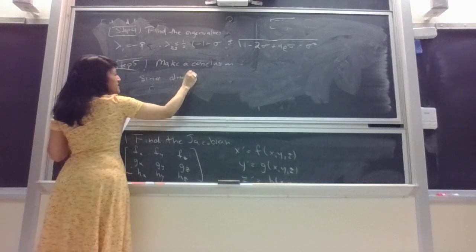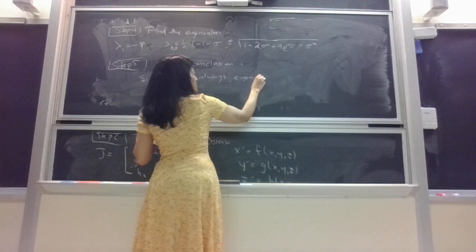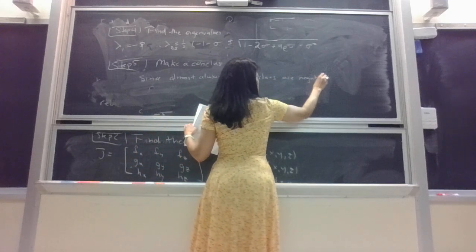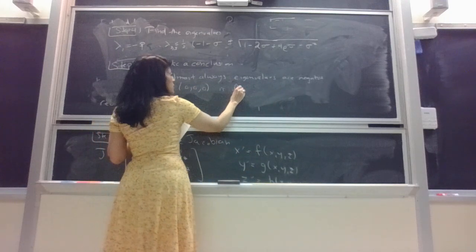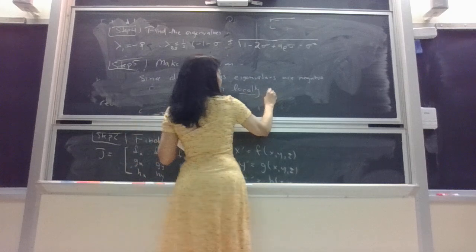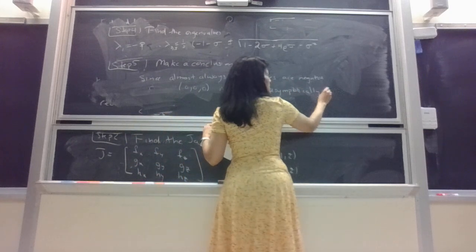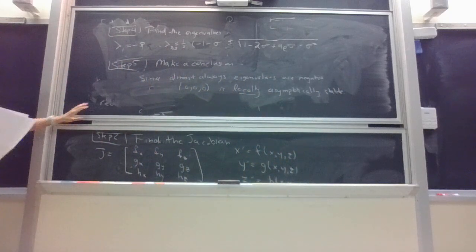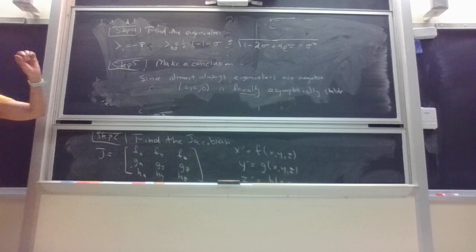I'm going to say almost always locally asymptotically stable. In the region where it's not locally asymptotically stable, that I didn't see, I'll show you what those look like. I just couldn't see it.